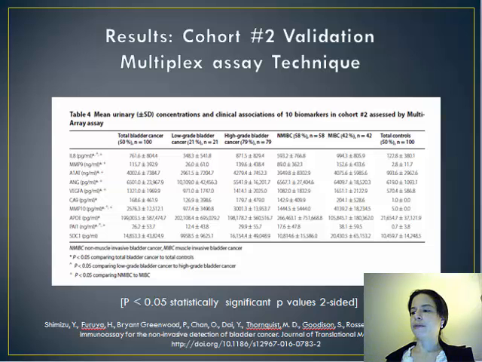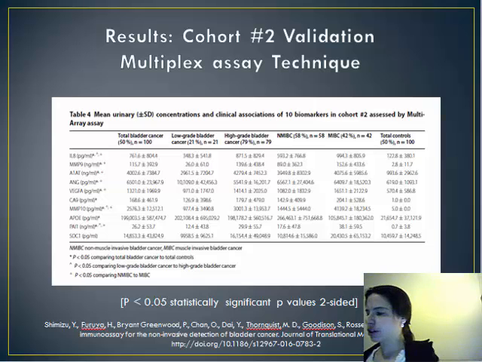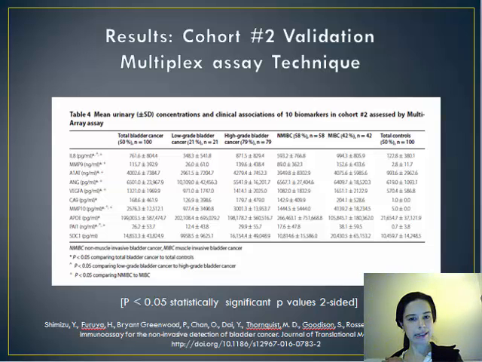So the group moved on to cohort number 2, and that involved further validation of the multiplex assay. So the goal was to increase the sample size set to 200 total: 100 of cancer patients, 100 of the positive control.